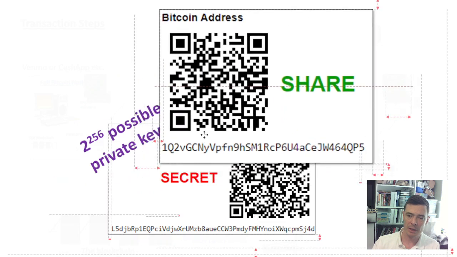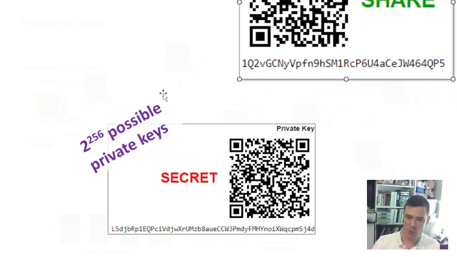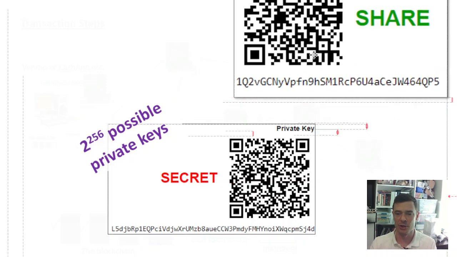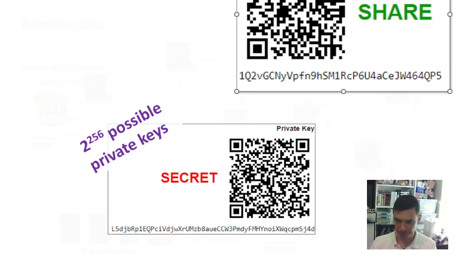And as long as you keep your private key safe, you're the only person in the lifetime of the universe. I mean, the sun will go out before this happens. You're the only person who will ever have this key, and the only person who can prove ownership of the Bitcoin at this address by digitally signing it with this key. You're the only person that can run transactions off of this address.